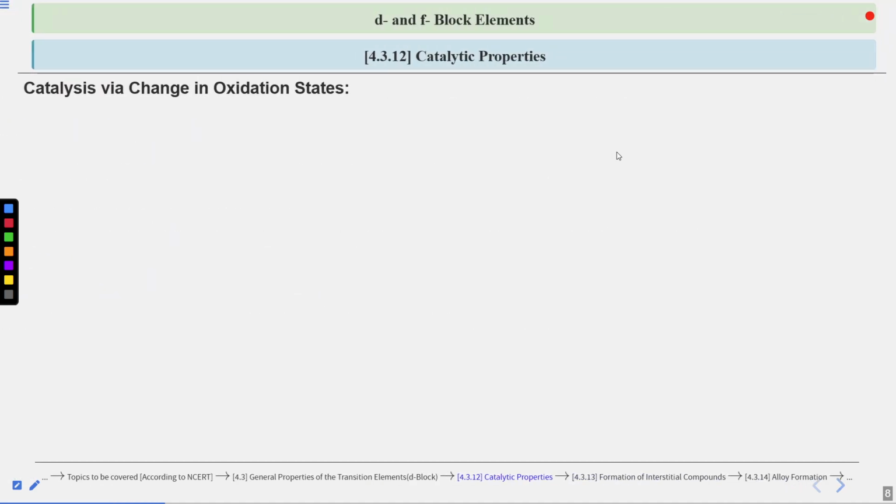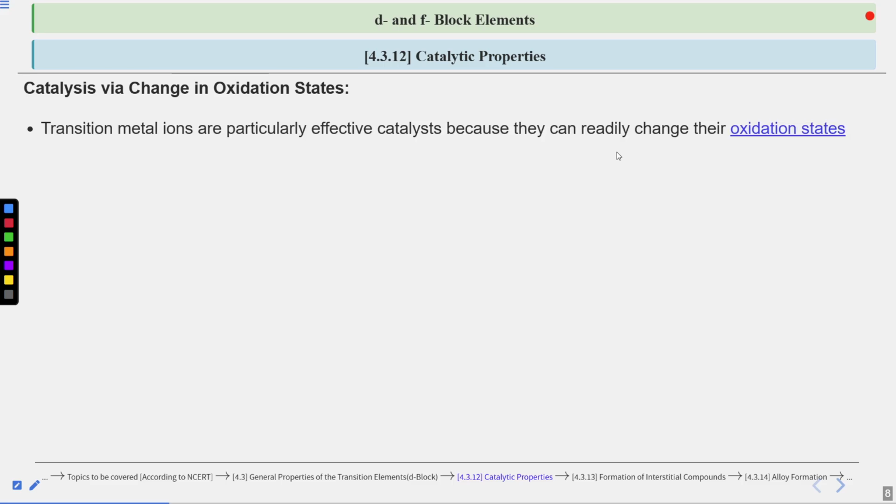Catalysis via change in the oxidation state. Catalysis can also happen via a change in the oxidation state. How? Transition metal ions are particularly effective catalysts because they can readily change their oxidation state. This is one of the abilities of the transition metals that affects their catalytic property.